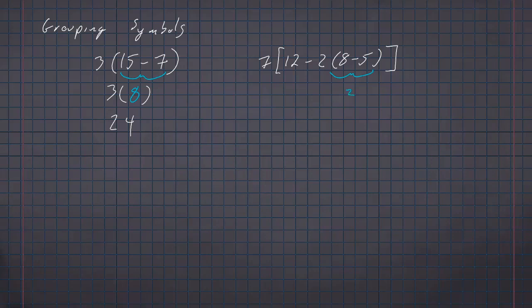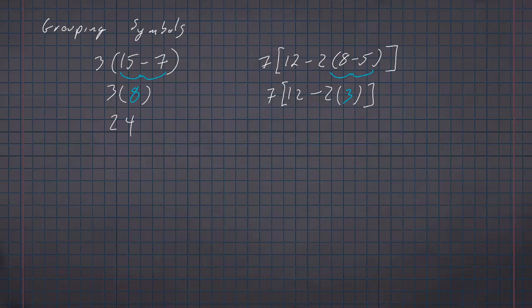8 minus 5 is 3. The rest of the expression comes along for the ride. Inside the square bracket at this point, there are still a set of parentheses, but there's no operation inside those parentheses. So the parentheses are no longer acting as a grouping symbol.